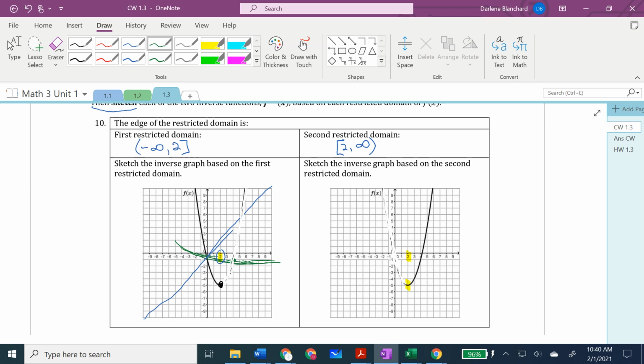And then I'm going to quickly do the next one. I have (2, -5) becomes (-5, 2). And then this one looks like it has an x-intercept of a little bit more than 4, so a y-intercept of a little bit more than 4 for the inverse. Yeah, it looks like I've got a point right here of (3, -4), so (-4, 3).